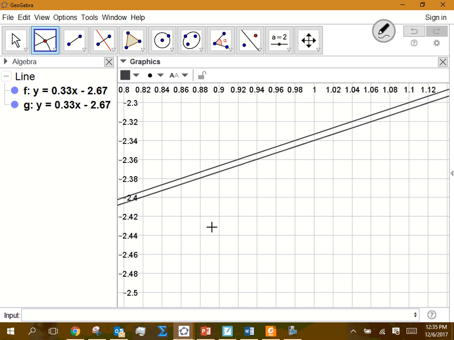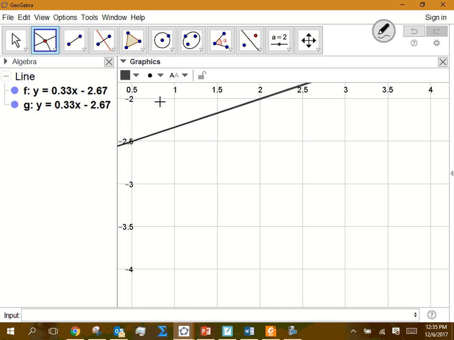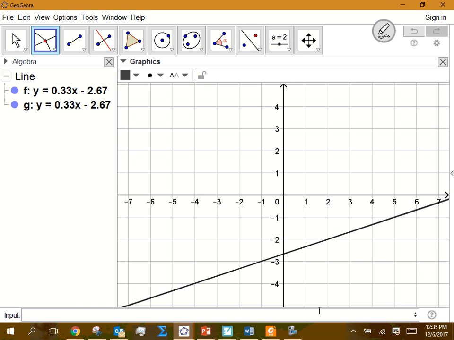Now, zooming back out, those two lines are pretty close to one another, right? Okay, it looks like they're one when you're zoomed out into a view like that, okay? But zooming in, they are different lines. They're pretty good approximations of one another.